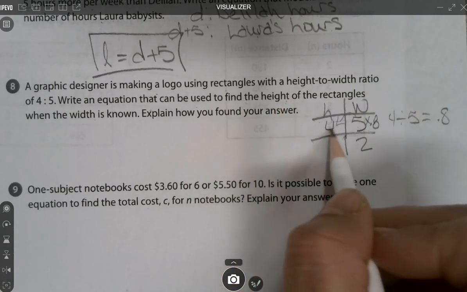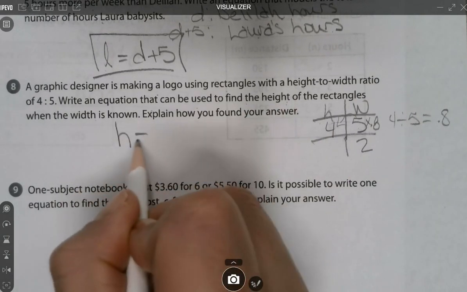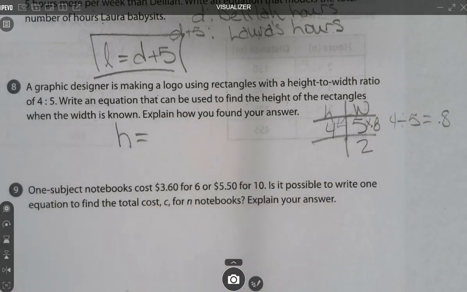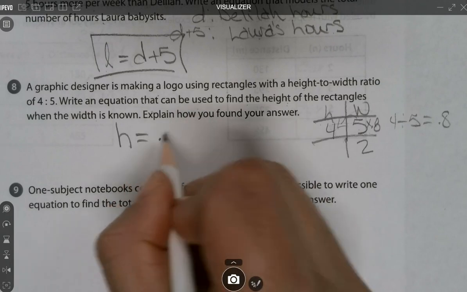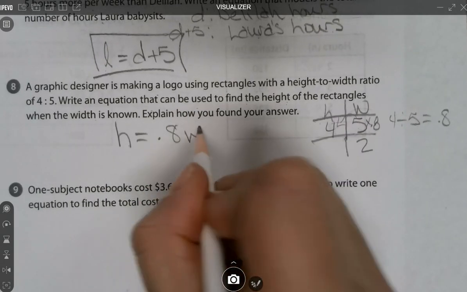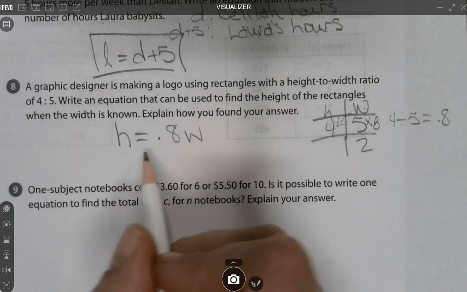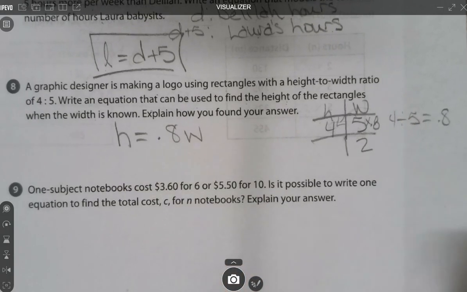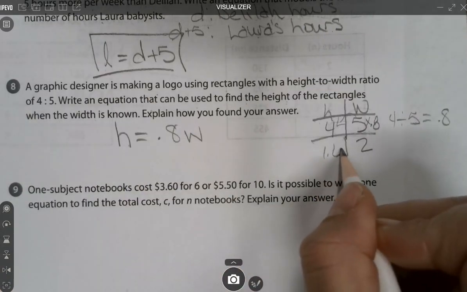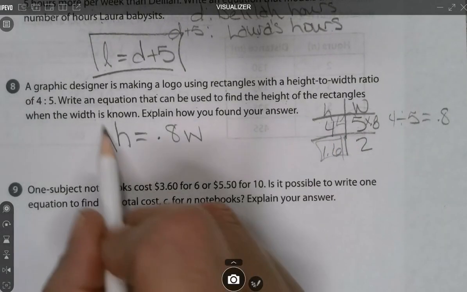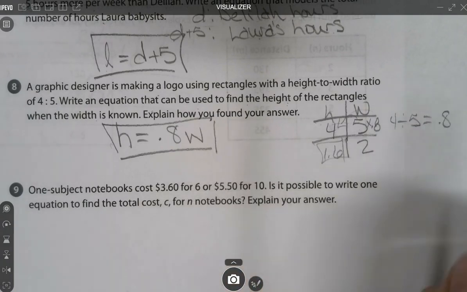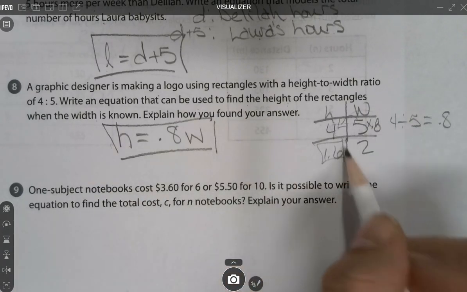Well, if I'm trying to find height, height's my answer. I want height. What did I do over here to get that? So I can say I multiplied 0.8 by the width to figure out what the height was. And if I did that too, I just put in a different number. If I did 2 times 0.8, I would figure out that's 1.6. So I should be able to use this equation to figure out any unknown number.